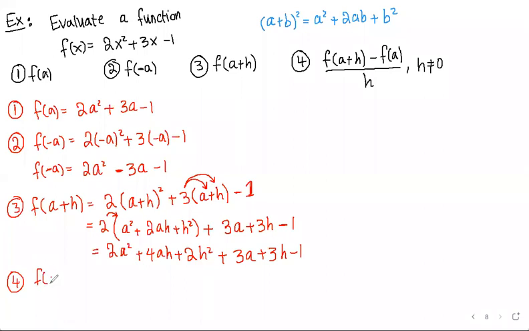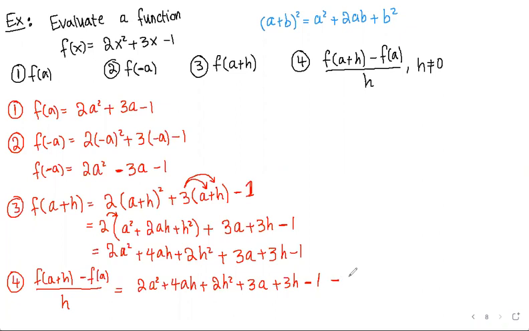So f of a plus h minus f of a over h. They give me f of a plus h, this is number 3. We copy all this: 2a squared plus 4ah plus 2h squared plus 3a plus 3h minus 1, minus the first term.